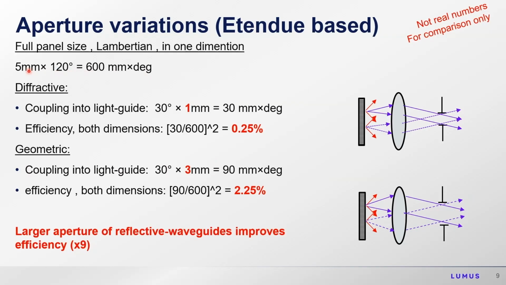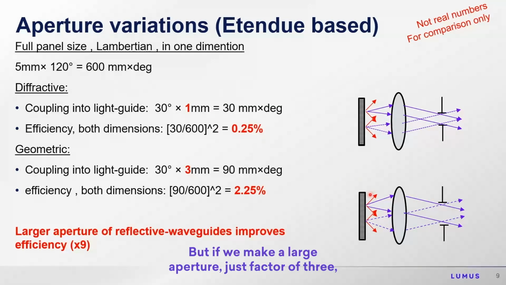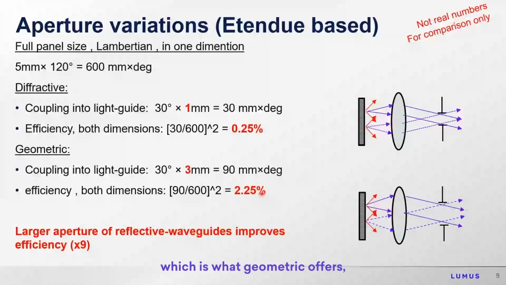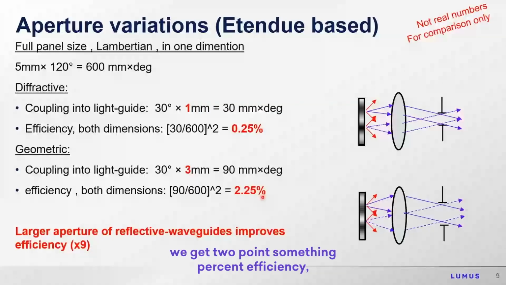If we project from the micro LED, 5 millimeter by 100 Lambertian, with the numbers I said before, we get for 1 millimeter 0.25% efficiency. But if we make a large aperture, just a factor of 3, which is what geometric offers, we get 2 point something percent efficiency.